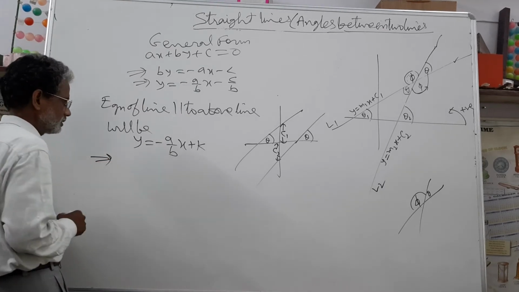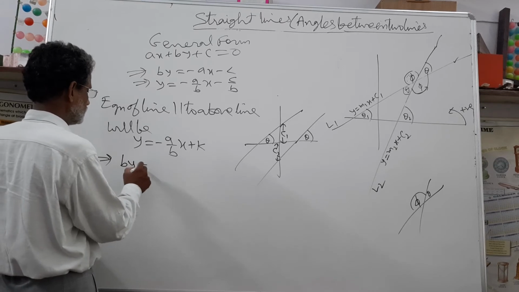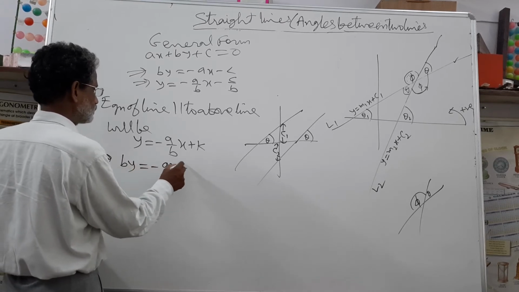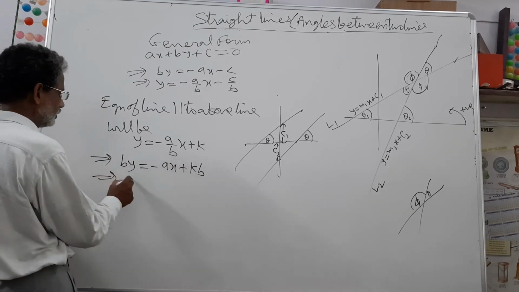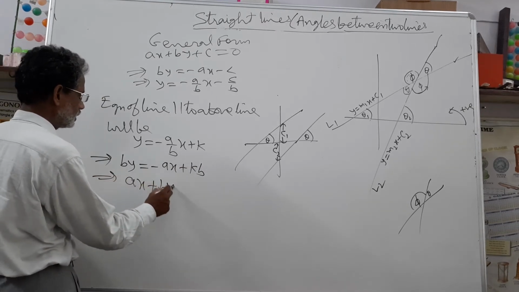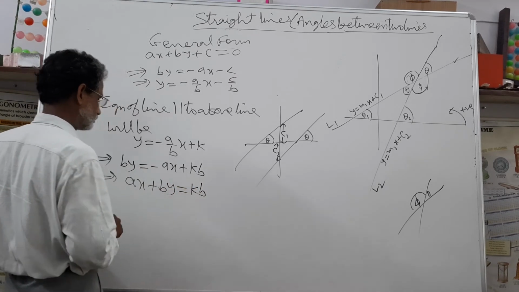This implies by is equal to minus ax plus kb. This implies ax plus by is equal to kb.